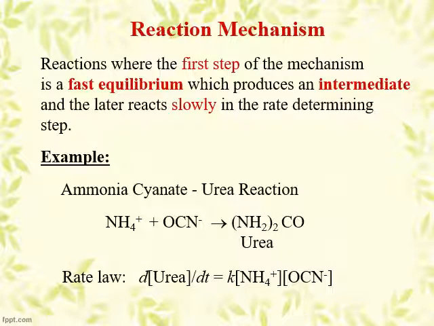Now this is not the case if the first step of the mechanism is a fast equilibrium which produces an intermediate which later reacts slowly in the rate determining step, the slow step. For example, the ammonium cyanate urea reaction here.